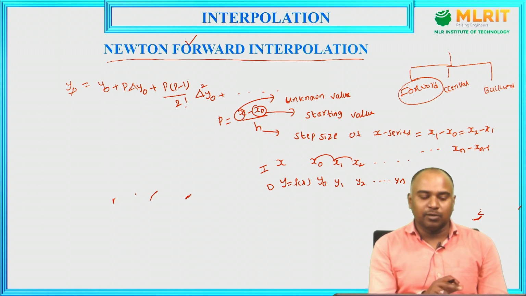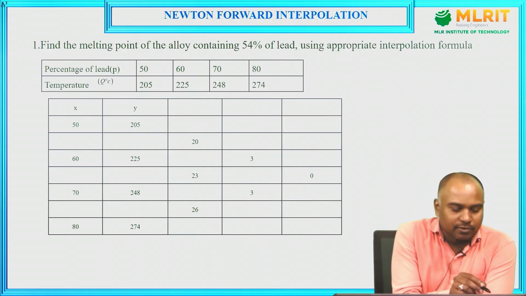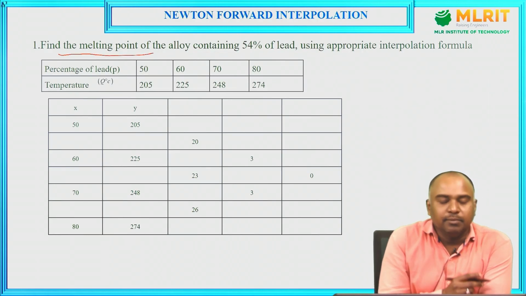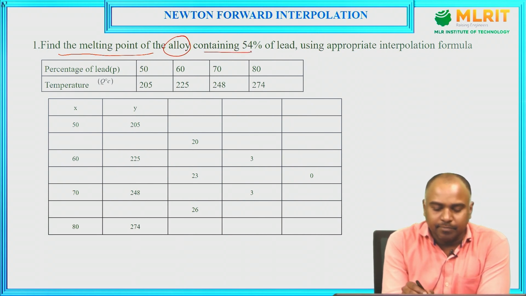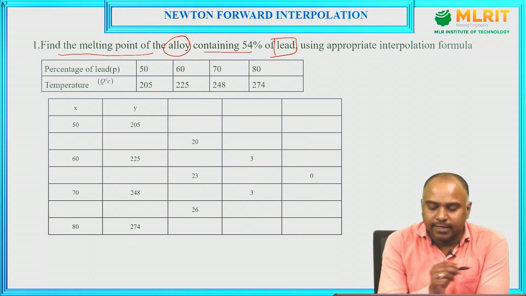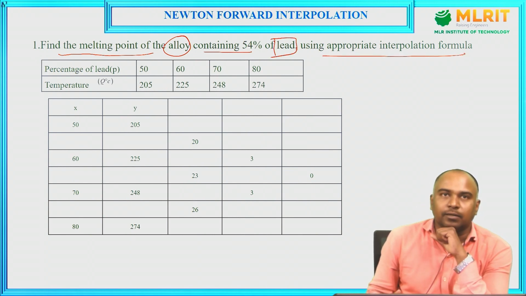Now let us see a problem of how we apply this to evaluate the unknown value. Look at the question: find the melting point of the alloy containing 54% of lead using the appropriate interpolation formula.